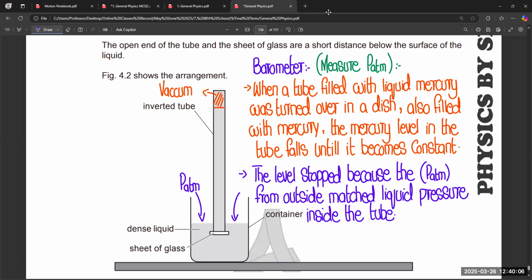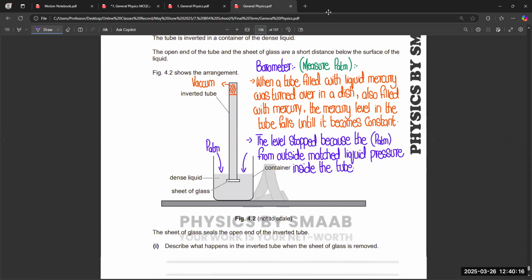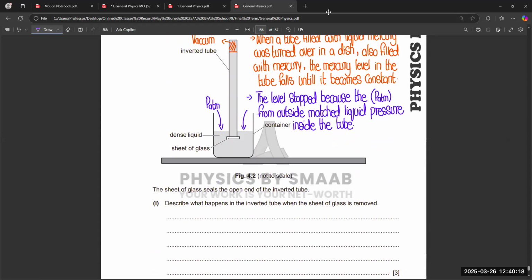So this is the concept of the barometer, and this is the working of the barometer that we can apply to every question on the barometer. So in this question, the first part is: describe what happens in the inverted tube when the sheet of glass is removed. We already mentioned the answer.